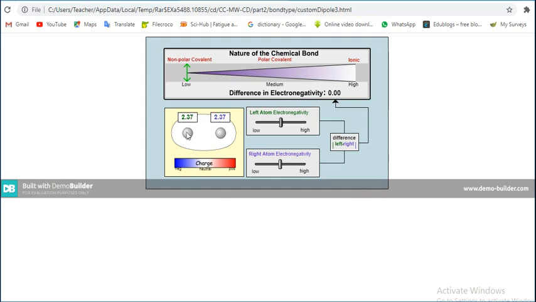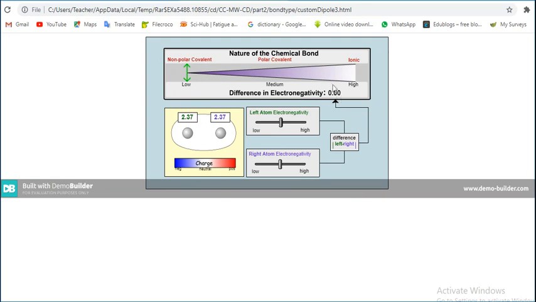So now here you observe the two atoms. They have the same electronegativity, 2.37 and 2.37. So now I'm going to change those electronegativities and observe what will happen, both to the shape of the molecule here and the type of bond here.